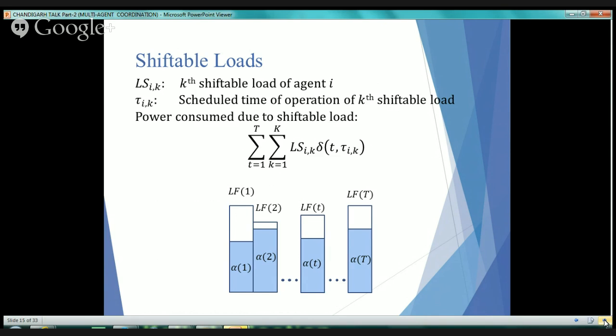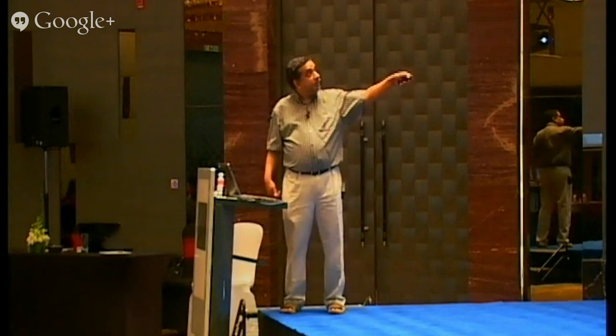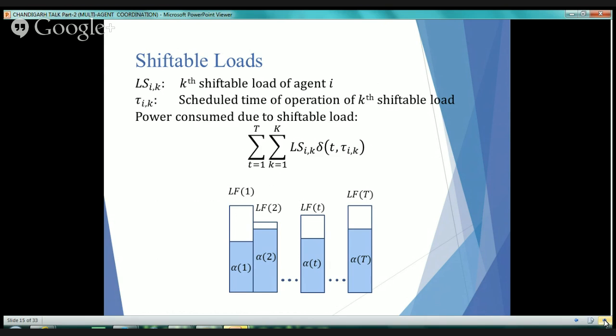There is a formulation, but let me not go into that. Just remember that we get a utility from scheduling the shiftable loads, and we get utility from the fixed loads. Furthermore, since it's a US project, these are in dollar terms, the monetary equivalent of the utility that we are getting.